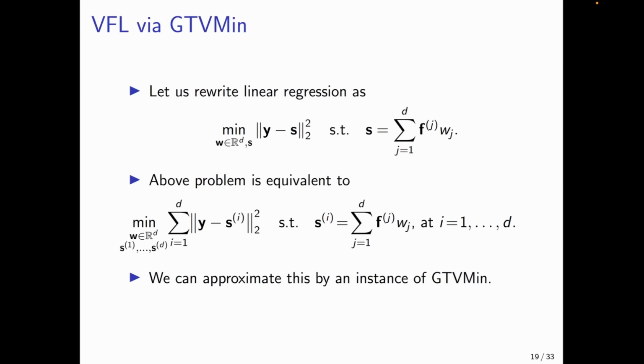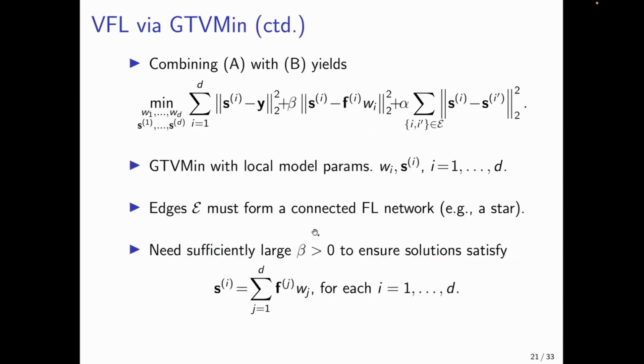So this is a very versatile design pattern for distributed optimization methods. And if you apply this trick or this design pattern here, it turns out you can write vertical federated learning, tada, as an instance of GTV minimization.